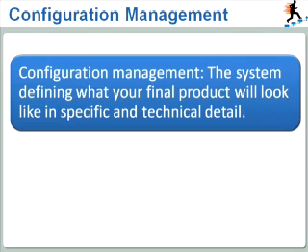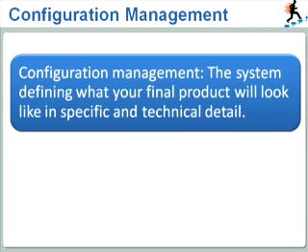For instance, if you build a house, the plans and drawings will be part of the configuration management system because they describe exactly what you will build. They show how your house is currently configured.